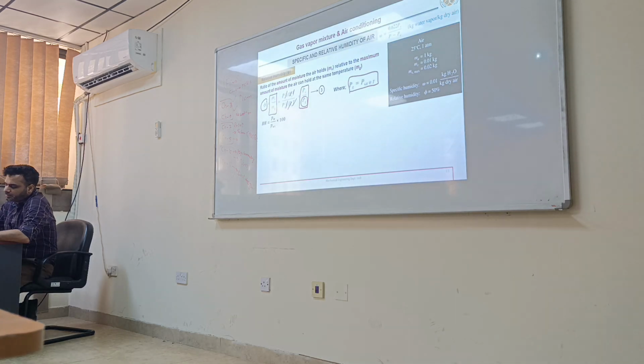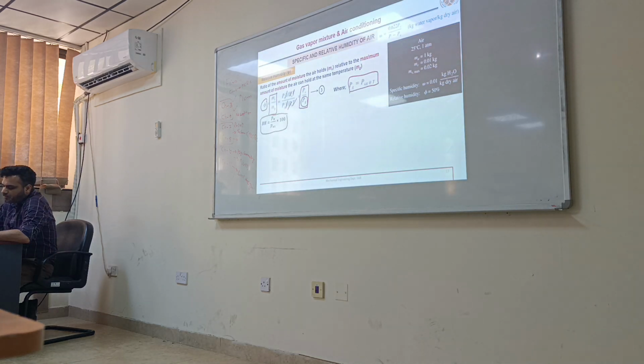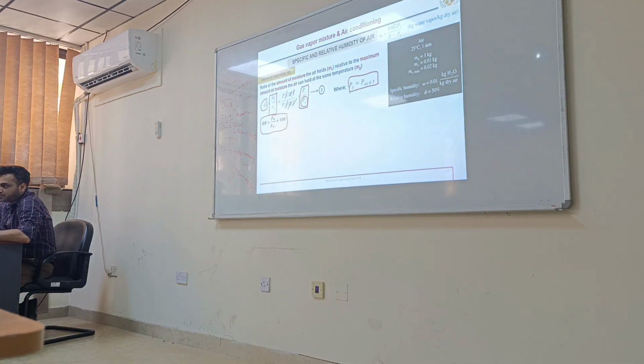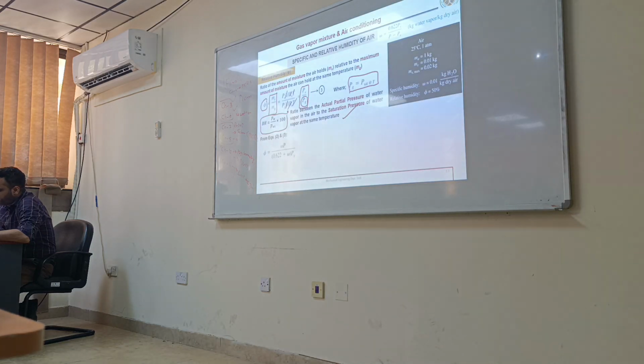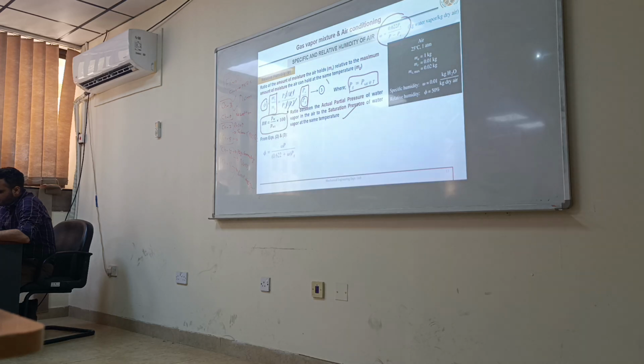So relative humidity, we normally define it in percentage. Pressure of water vapor divided by saturation pressure of water at that temperature, multiplied by 100. Okay, so that is clear. Now, if we solve these two equations, we can derive this one.